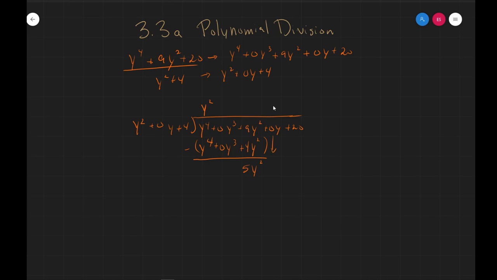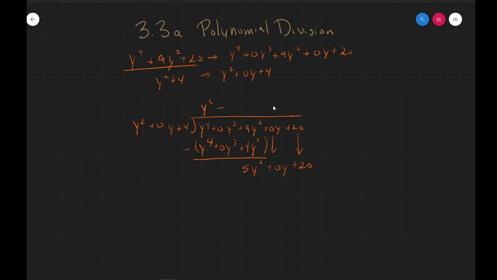We bring down our next term, which is 0y. Okay, and we also bring down our 20 term, because we have 3 terms here, so we need to bring down 3 terms. So plus 20. So y squared, and then something times y squared is going to be 5y squared.